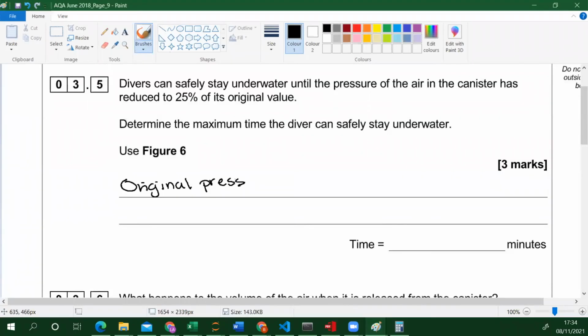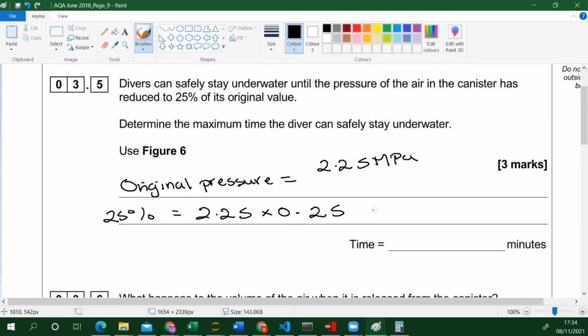We're going to follow a trail here. We need to work out 25% of that. We'll work that out the same way I did the other percentage earlier: 0.25 times 2.25 gives 0.56.